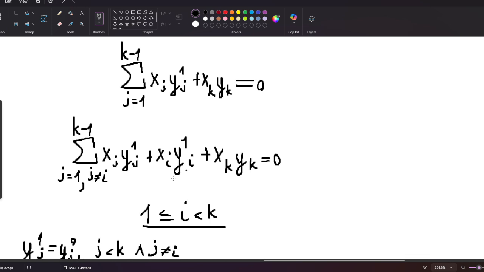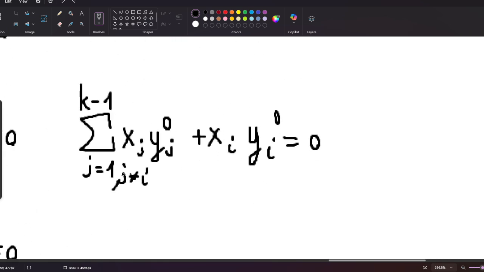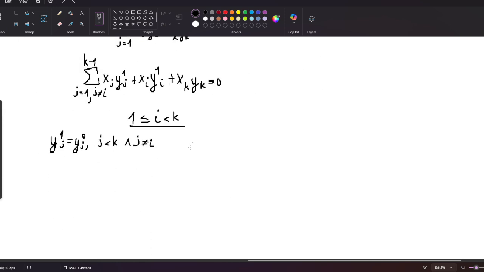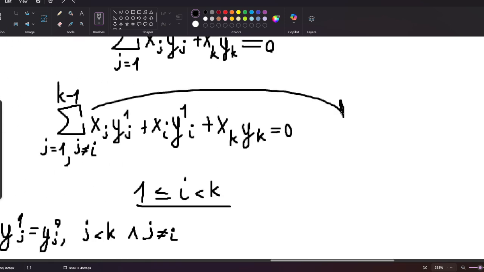So we have done that, and now we can work with this again. We can simply say that this is gonna be minus this, and then we transfer it to this side.